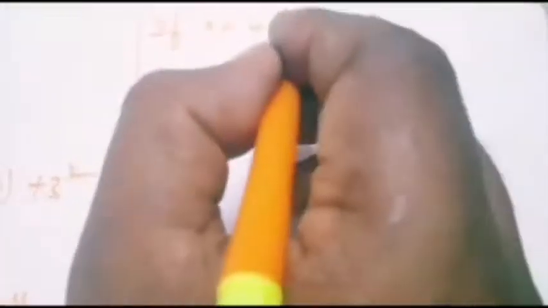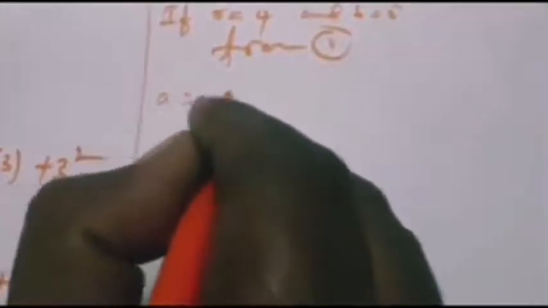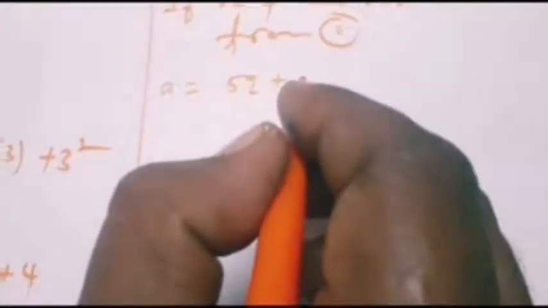So next, the last remainder. If r equals 4 and b equals 5, from equation number 1, a equals bq plus r.